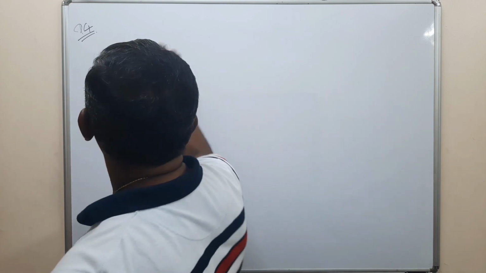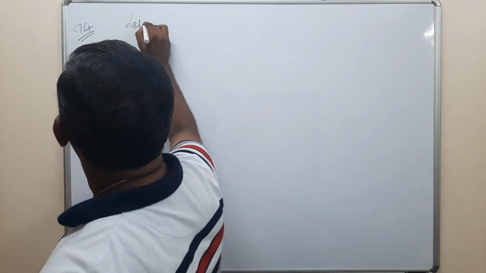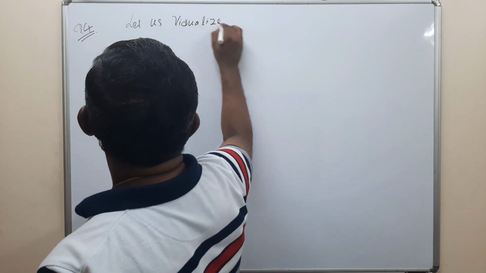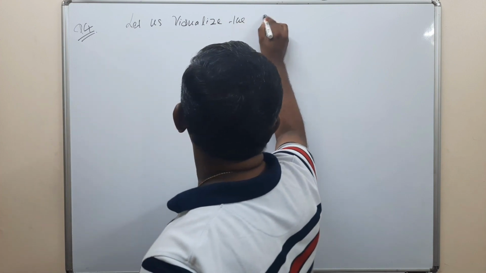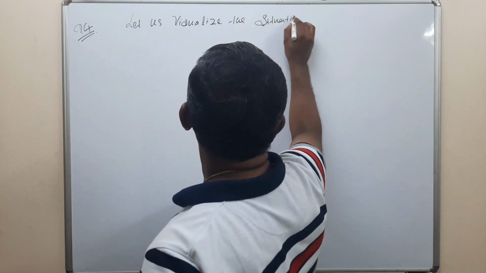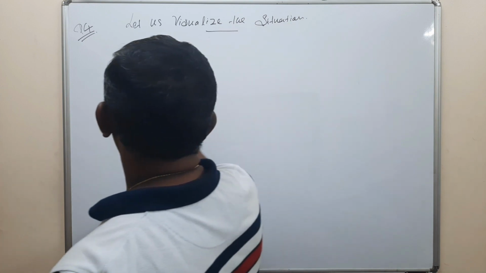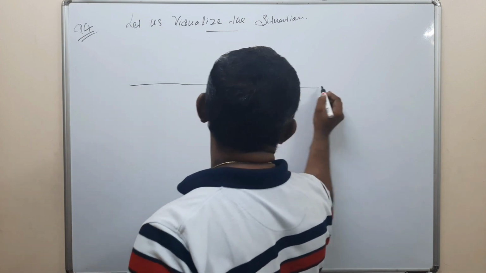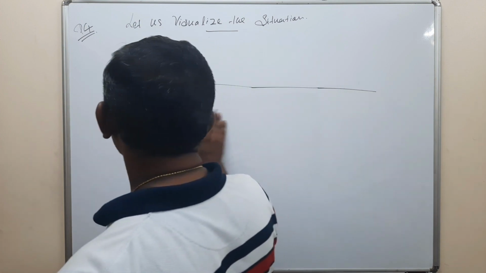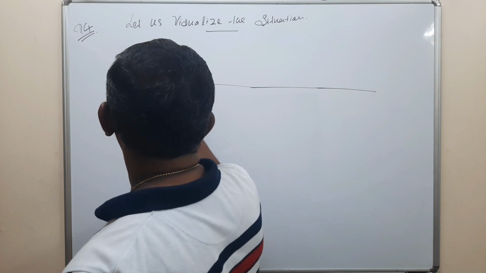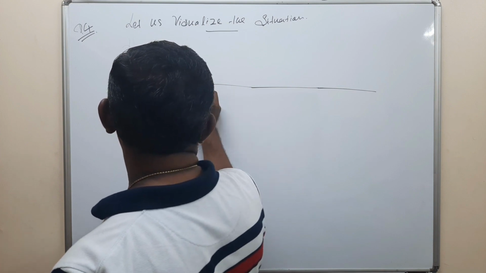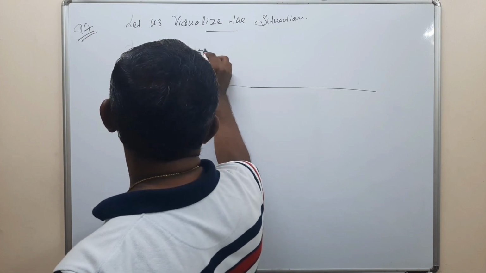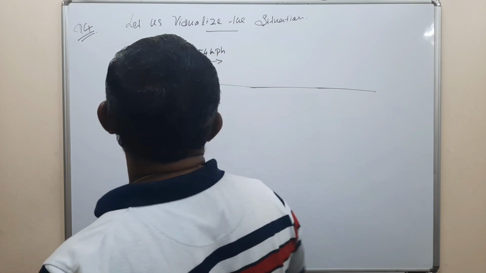You will understand more. Let us visualize the situation. Train A is moving with 54 kph, kilometer per hour.